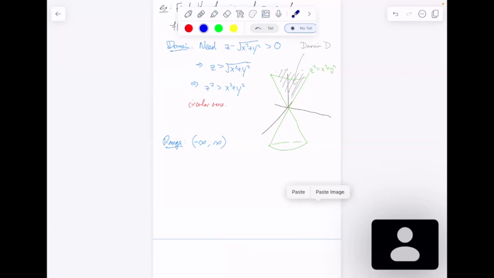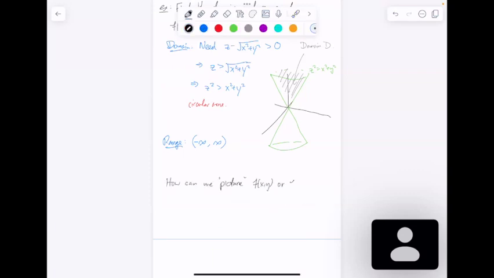So how can we picture functions f of x, y, or let's say f of x, y, z? Because we just drew a bunch of examples for parameterizations. We could picture, in certain cases, functions of one variable in time and how they map into three dimensions, say. We would like to do a similar thing for functions of multiple variables.